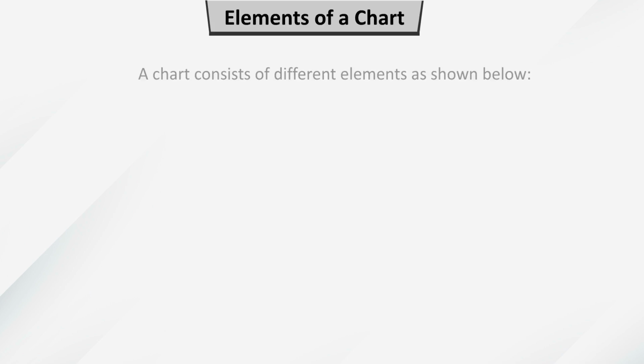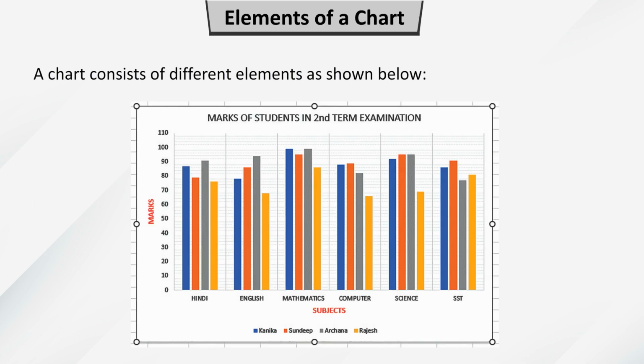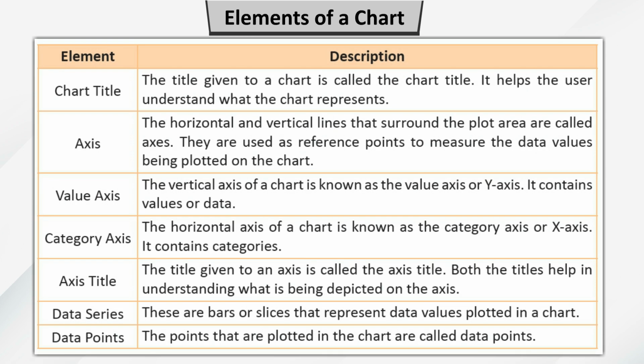Elements of a chart. A chart consists of different elements as shown below: value axis, chart title, chart area, axis title, plot area, data series, category axis, legend. Element description.